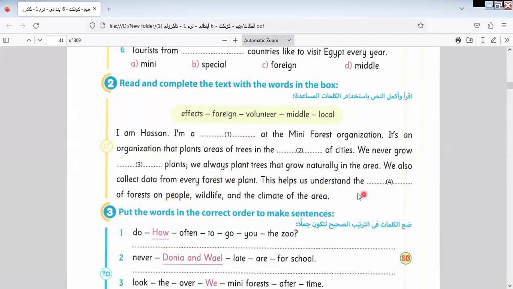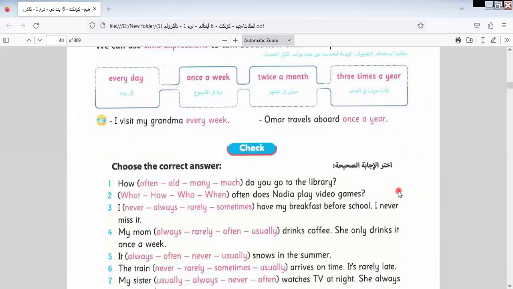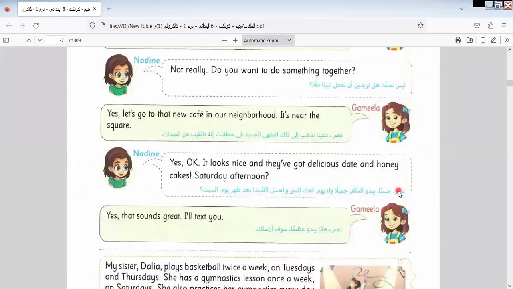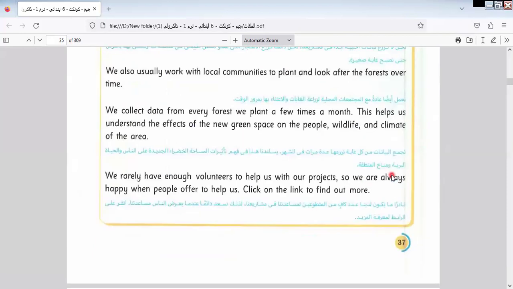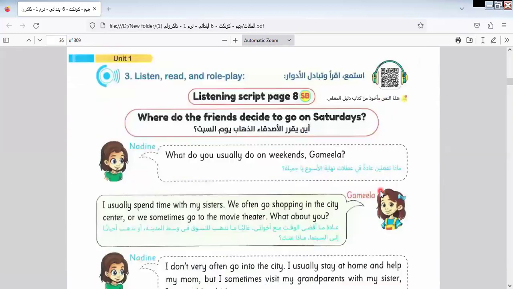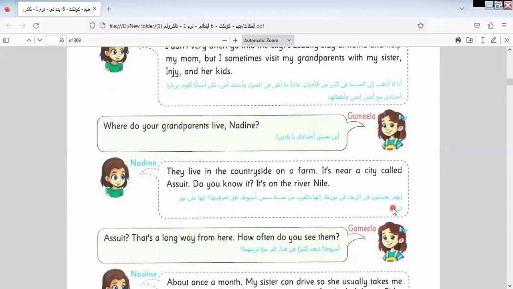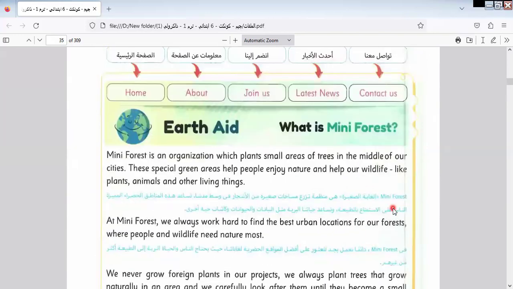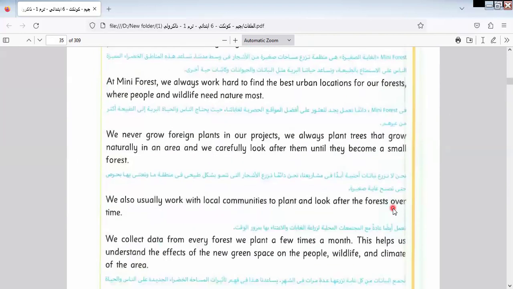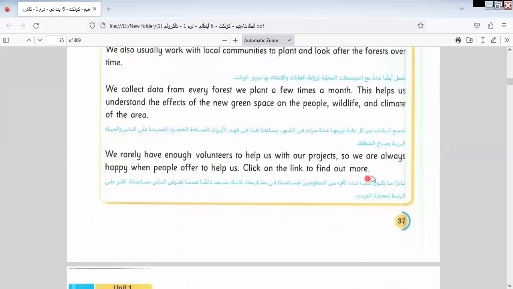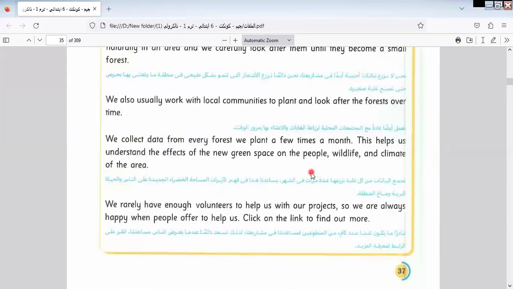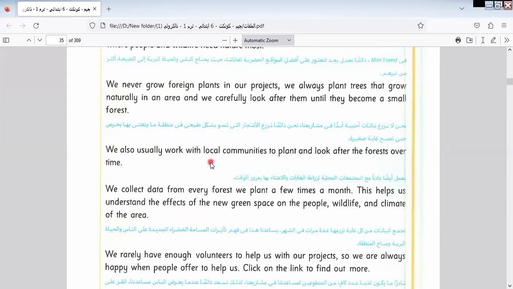This helps us understand the effects. As we know in this topic, the effects.